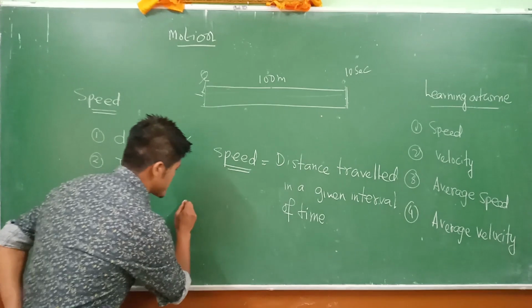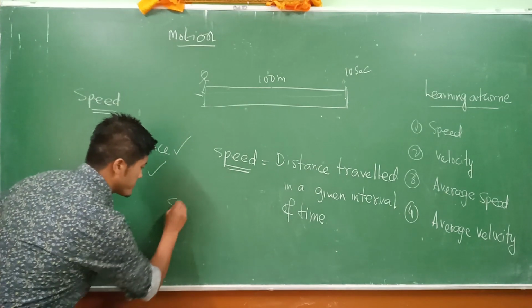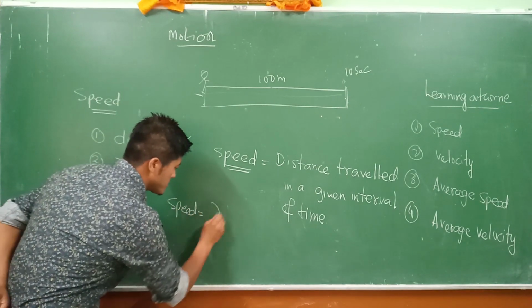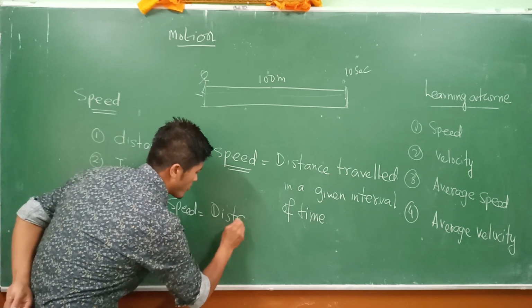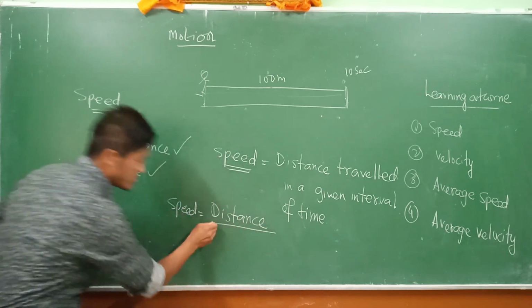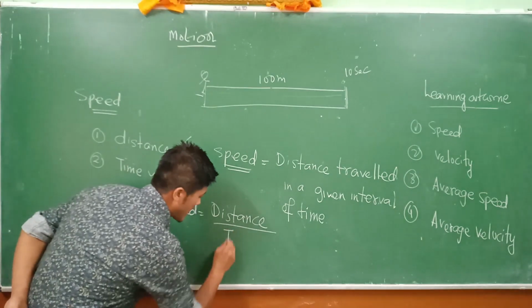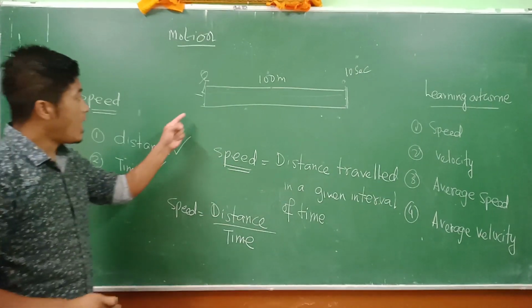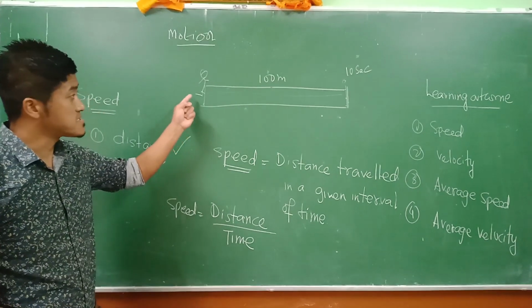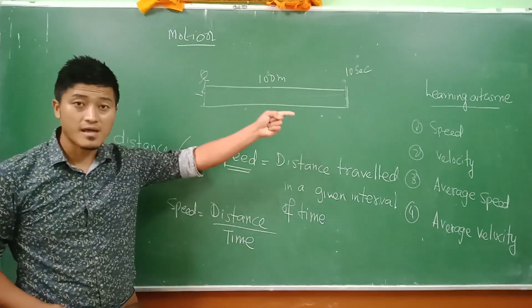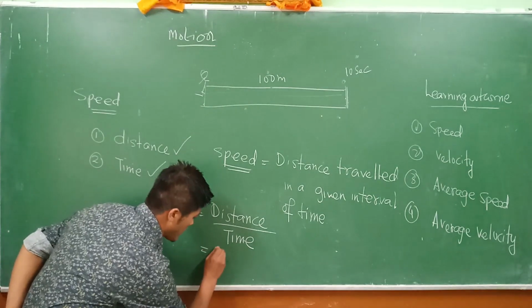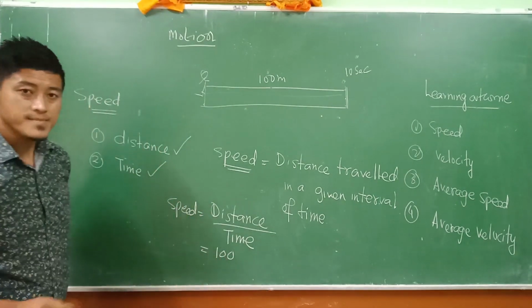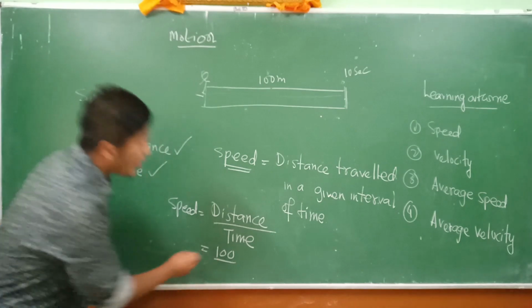So what is the distance? I'm going to write here: speed is equal to distance traveled divided by time. This is how we write the formula. How much distance is he covering from this end to that end? It is 100 meters, and in how many seconds?